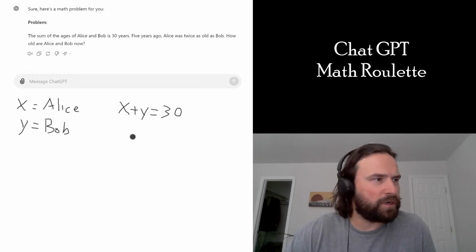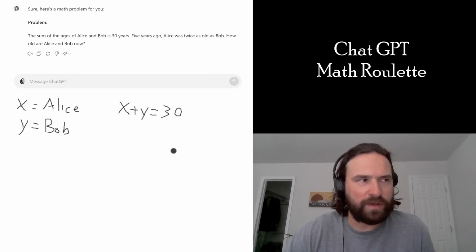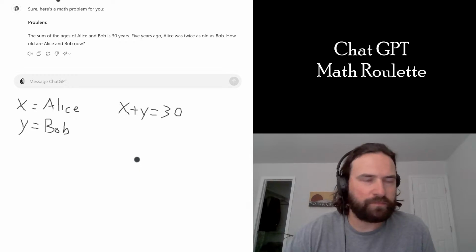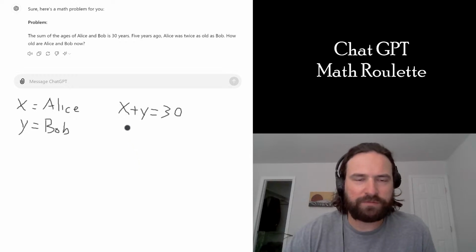And we also know, this equation's a little bit trickier. 5 years ago, Alice was twice as old as Bob. So that means that Alice's age is twice Bob's age 5 years ago. Well, we can represent Alice's age 5 years ago by saying x minus 5, right? 5 years ago, that's how old Alice was.